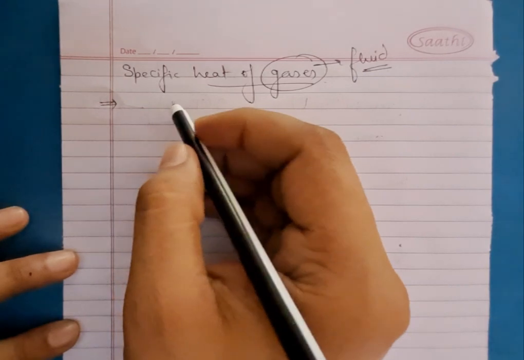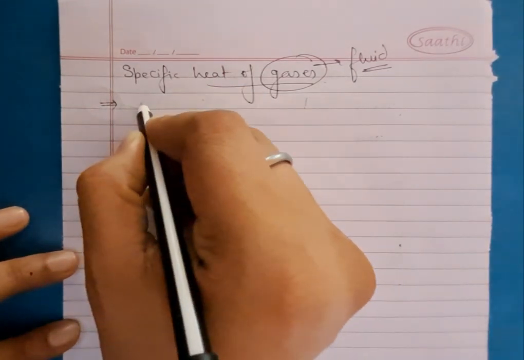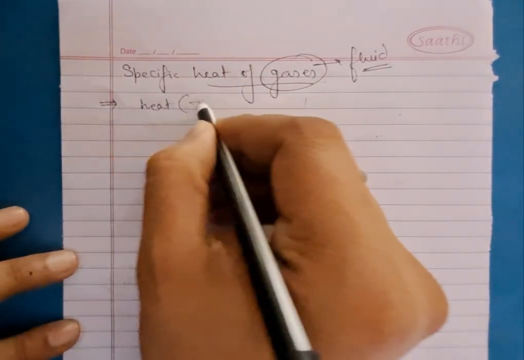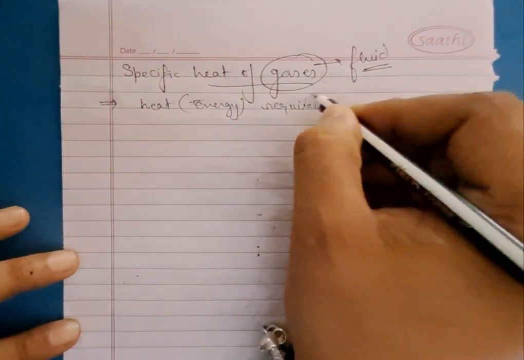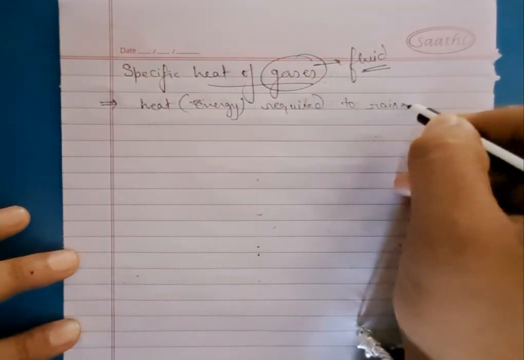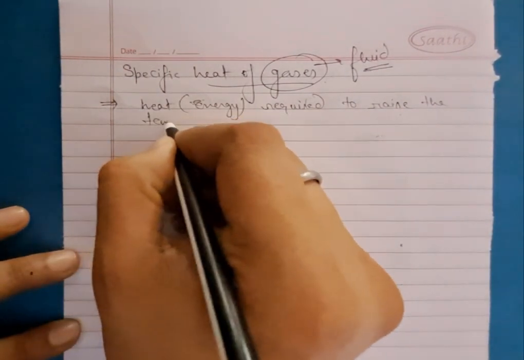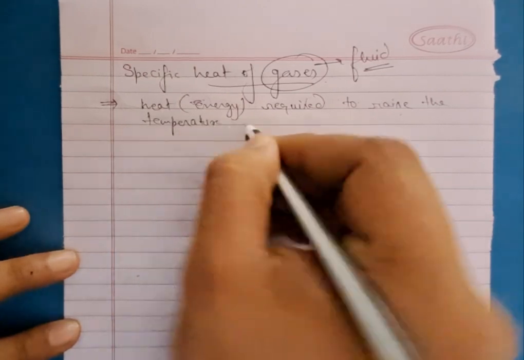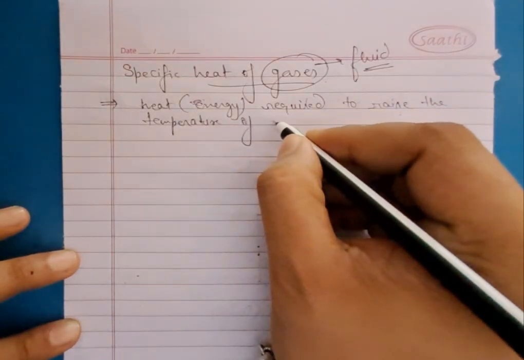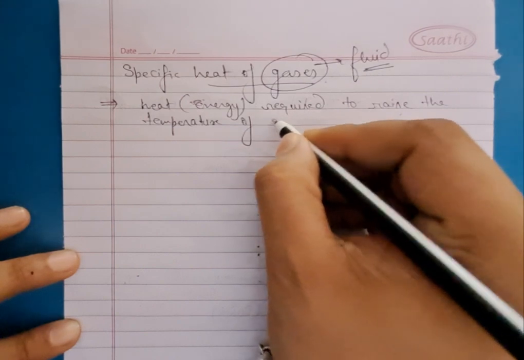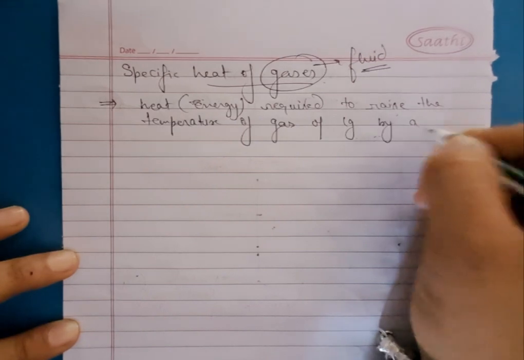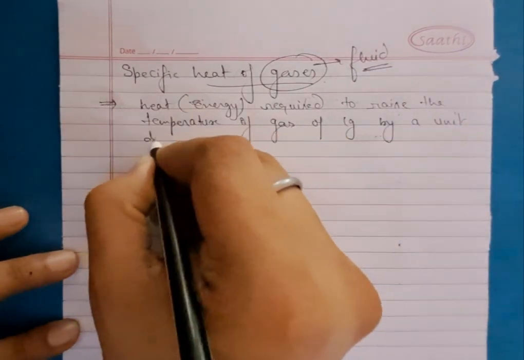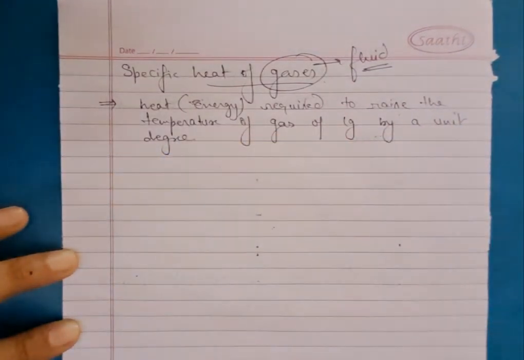The specific heat of gases is nothing but the heat or the energy required to raise the temperature of a gas of 1 gram by a unit degree. So this is the specific heat energy of gases.